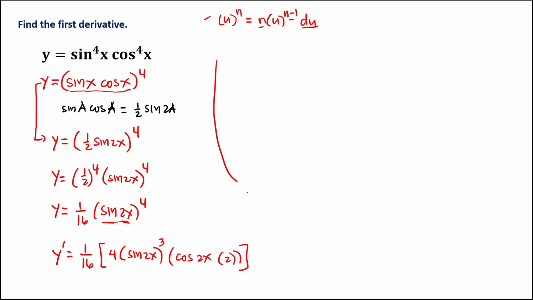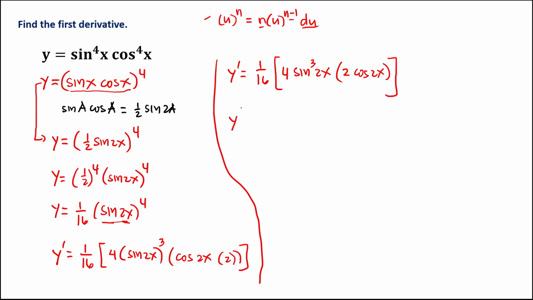Then to simplify, we have y prime equals 1/16. Then this becomes 4, then sine to the power 3, 2x, then times, so this is 2 cosine 2x.